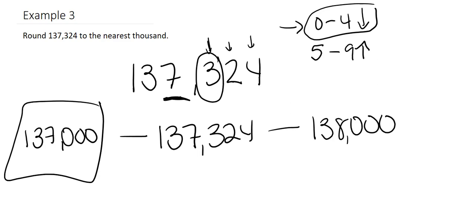We're closest to 137,000 than 138,000. Just remember, everything after the digit that we changed, if we round down or up, will become a 0. So this is our solution.